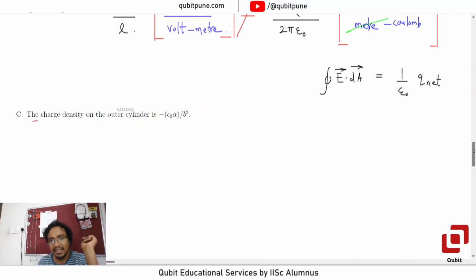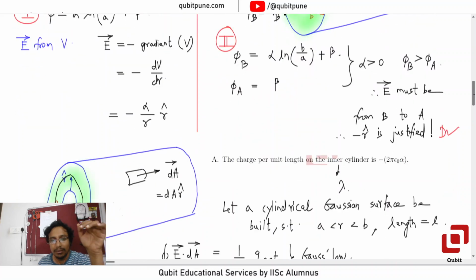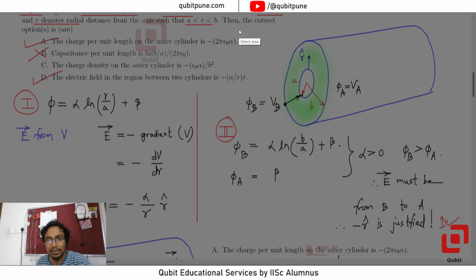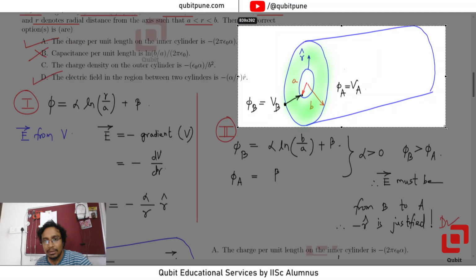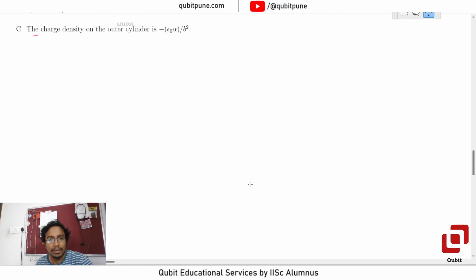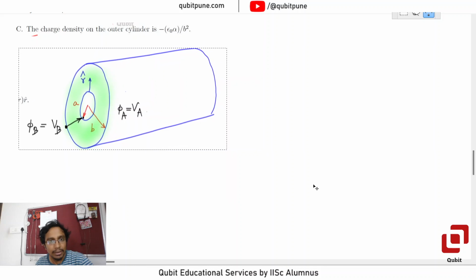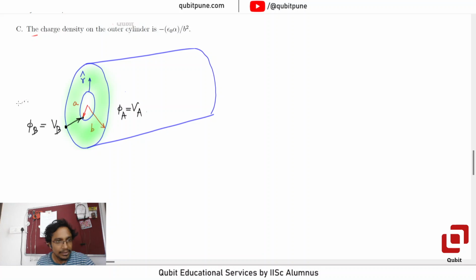Can we say that the charge on the outer capacitor will be positive, or no such claim is possible? Yes, sir, positive. Since electric field is coming from positive to negative. Yeah. I can say this.